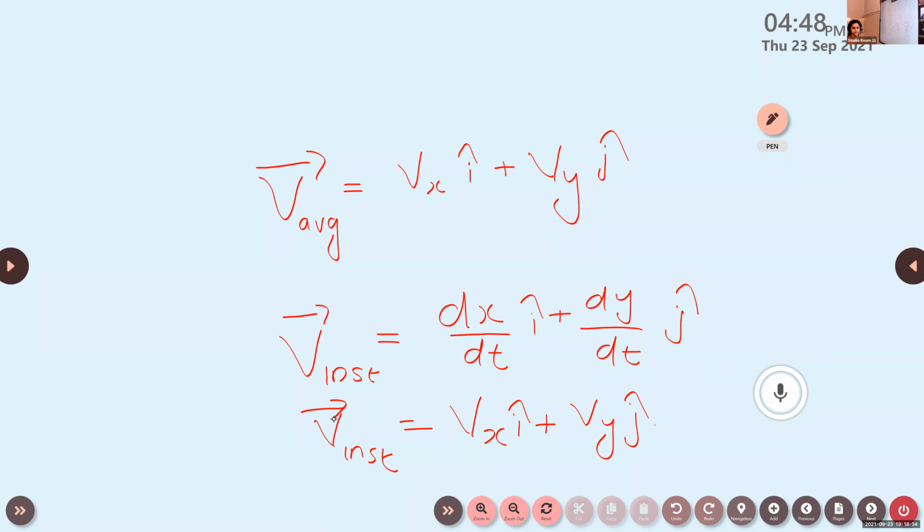Then write the next subheading: magnitude of velocity vector.